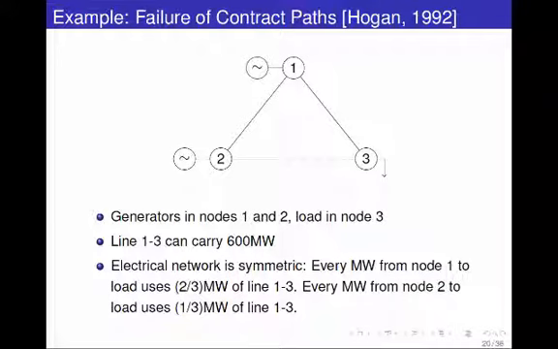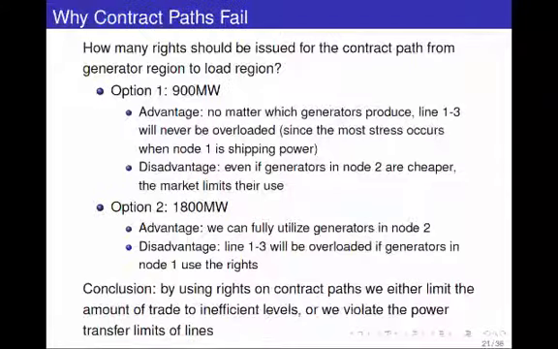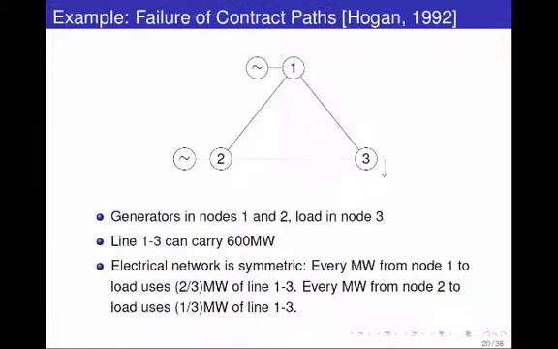And now let's think of defining rights from the generator area to the load area. Well, the engineers are going to come up to the market designer and tell him, you know what, if you define rights more than 900 megawatts, we are screwed.